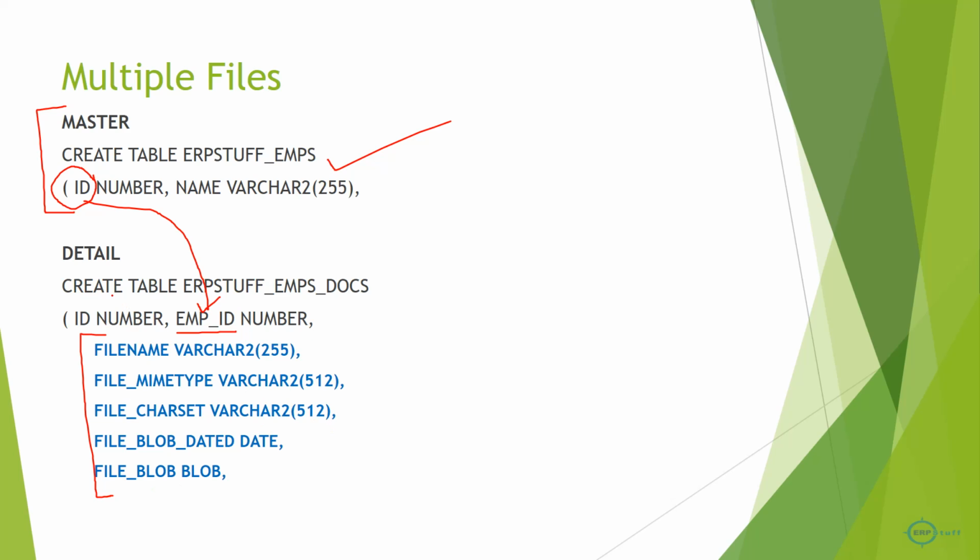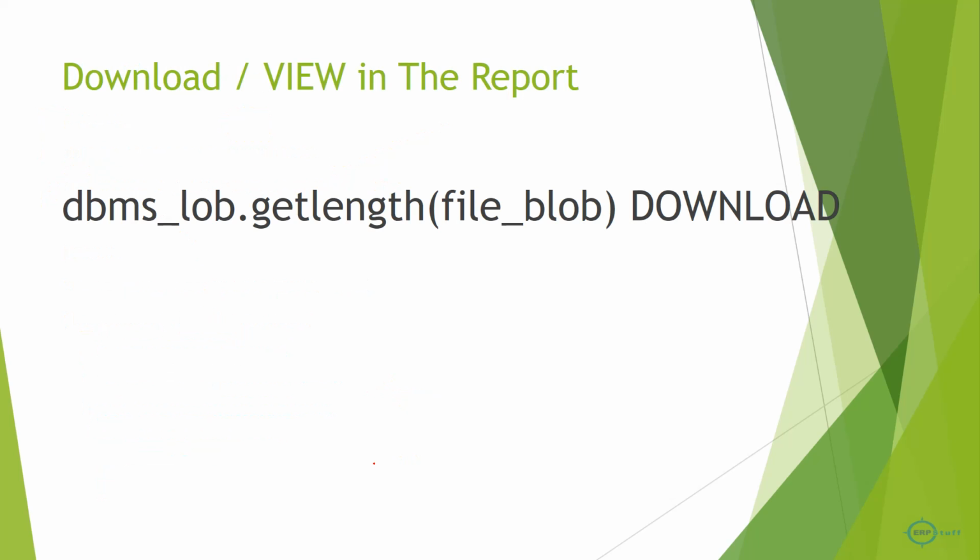So now for images, you have a separate table, and for other data, you have a separate table, right? So for one employee, in this case, you can have one photo over here if you want to keep it over here, but you can have multiple files over here. These two differences, I will show you how to do the setup.